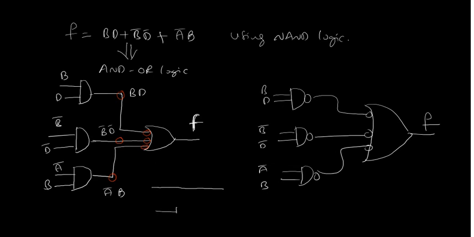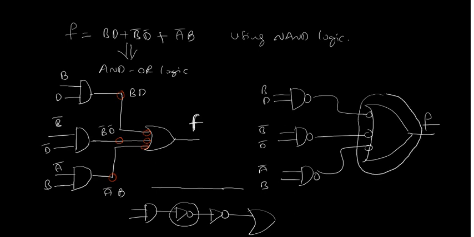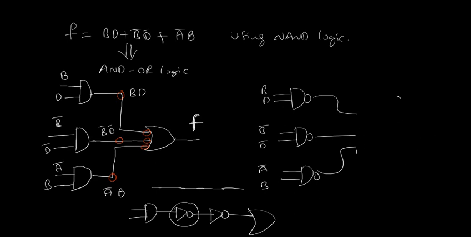For this line we added an inverter. To compensate this inverter, I have added one more inverter. Okay, one inverter is attached to the AND gate, and this inverter is given to the input of this OR gate. Now this is nothing but your bubbled OR gate. So that means I can replace this with a NAND gate. I can replace this with a NAND gate.